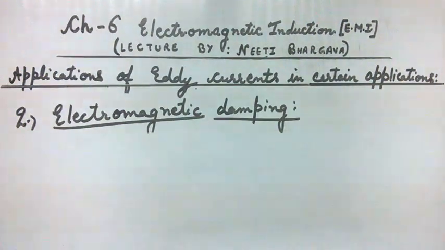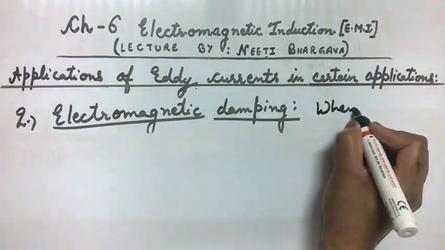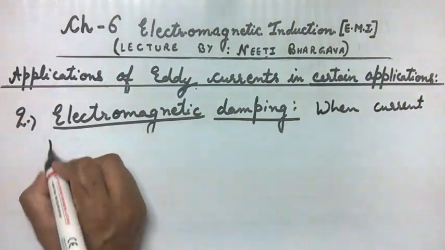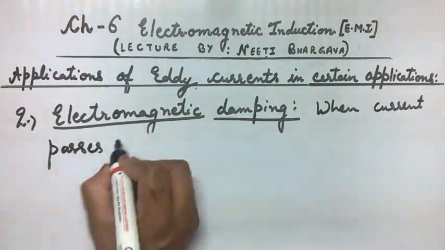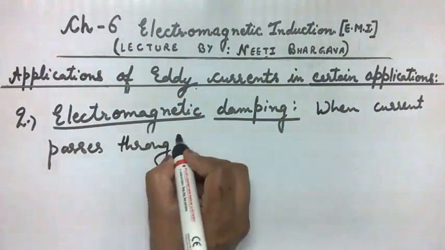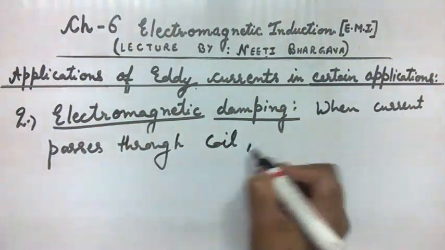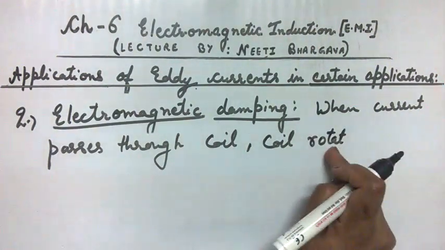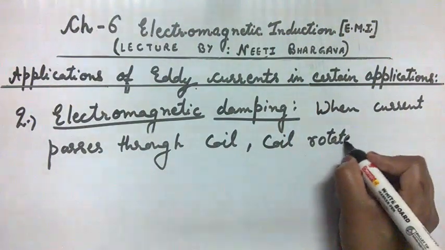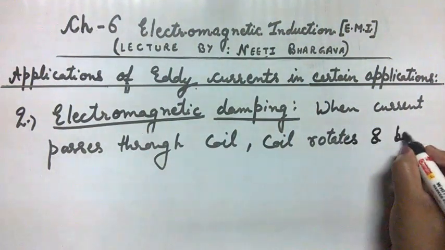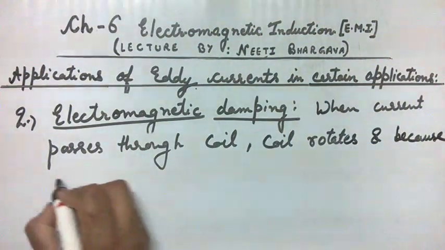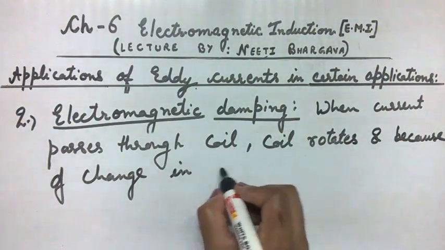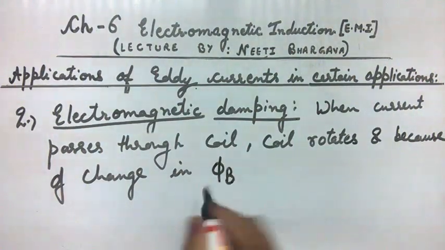As we can write, when current flows through the moving coil galvanometer, the coil rotates as torque is produced in it, and because of the change in magnetic field, there is a change in magnetic flux.